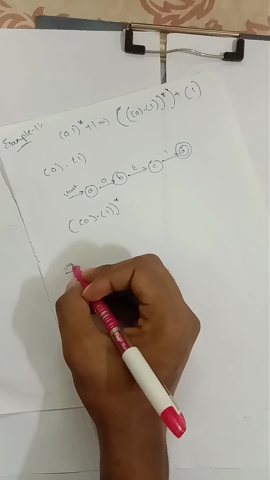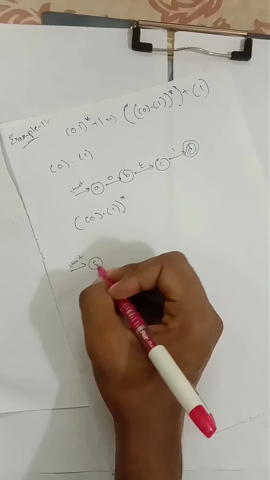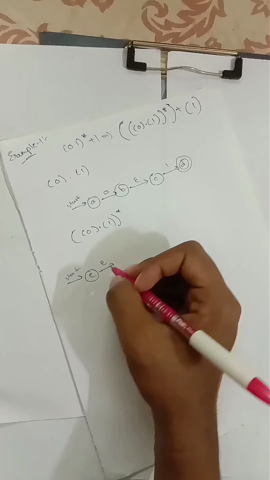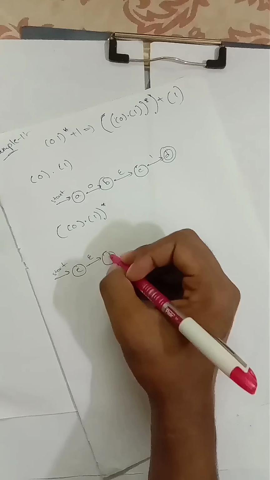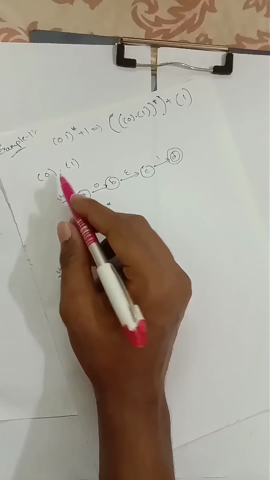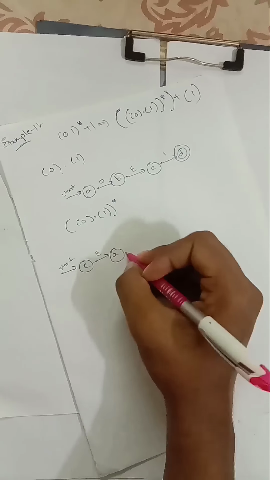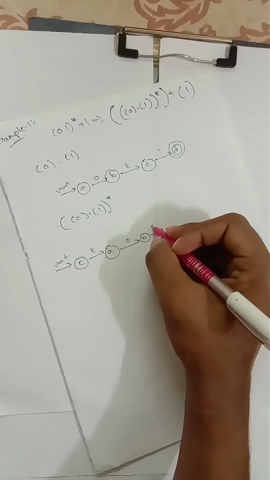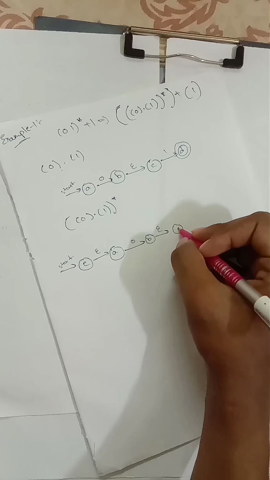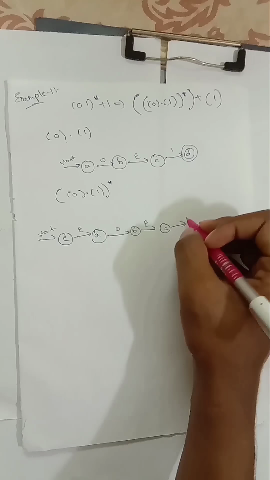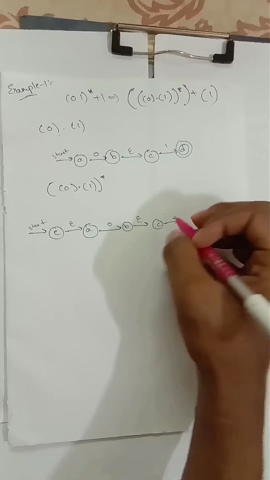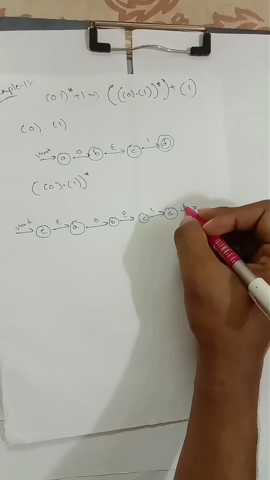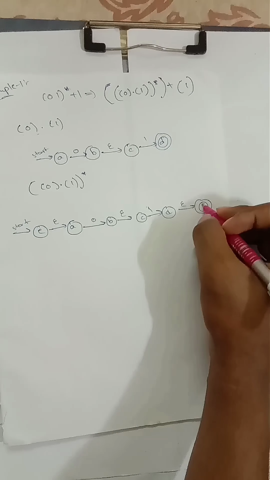Now take E as a starting state, where it was added with epsilon transition to the starting state of 0.1. Take F as a final state.